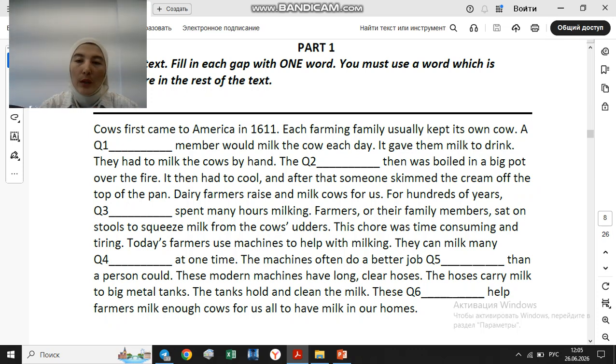So if it is question number 1, if you are going to fill this gap, you have to search for the word before the gap. So it is an example of searching for specific information, like today's topic.